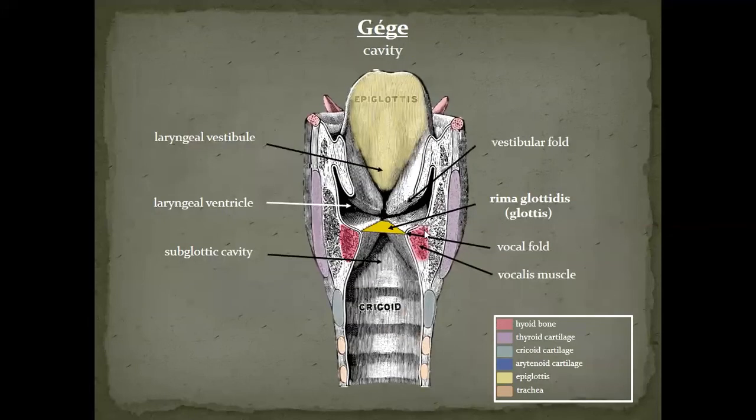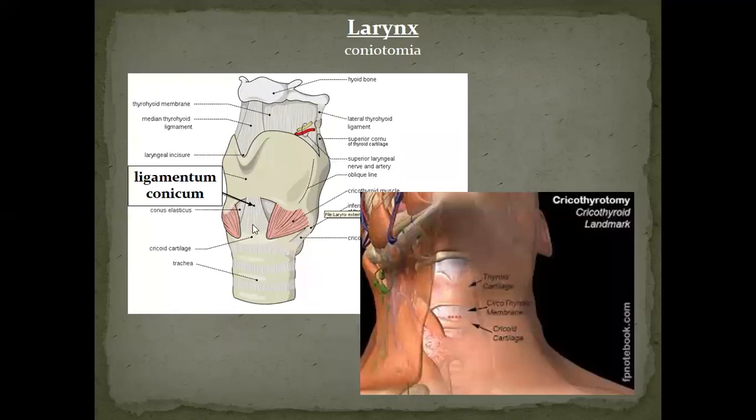If the rima glottidis is blocked and we cannot breathe, then below the cricoid cartilage, somewhere where this arrow ends, there is this ligament which we have to cut through, and this is how you can open up the airways, and then the breathing will continue.